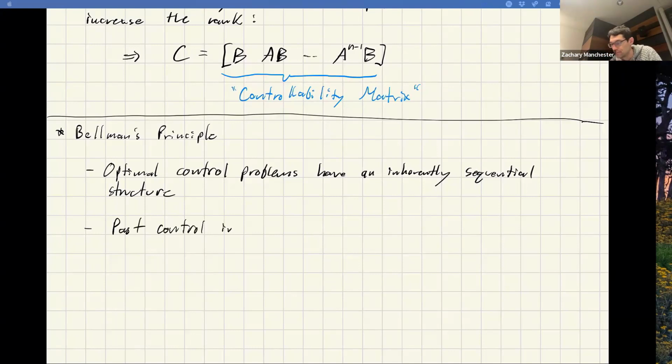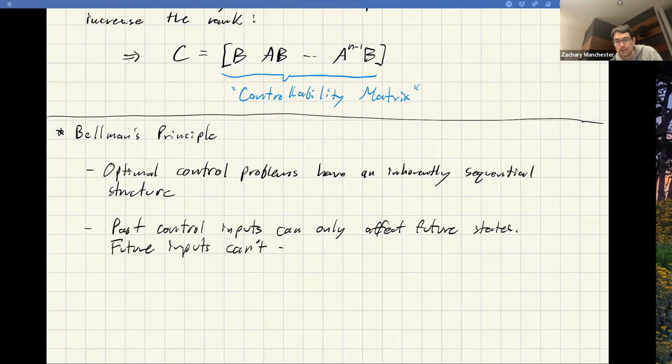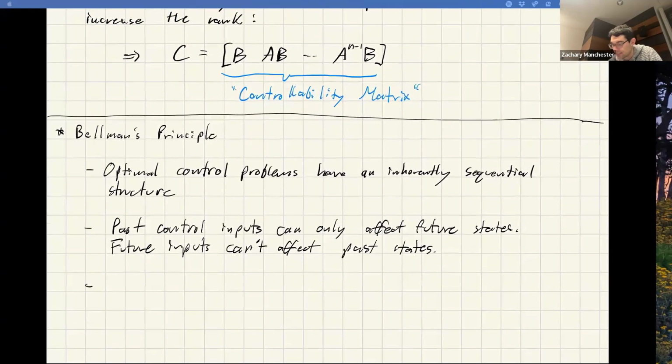So let's write that down. Past control inputs can only affect future states. Future inputs can't affect past states. Okay, so basically that intuitive thing we just said is really what Bellman's principle is, just stating it in a bit more mathematical language.